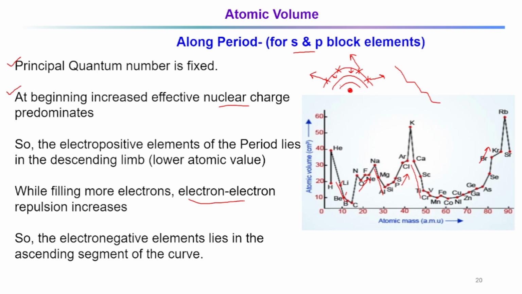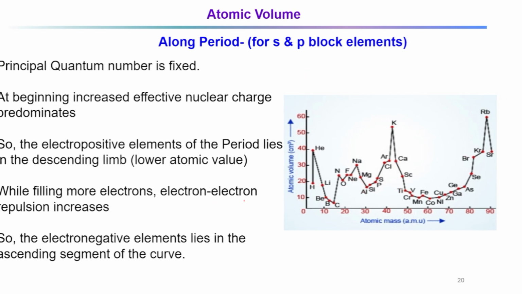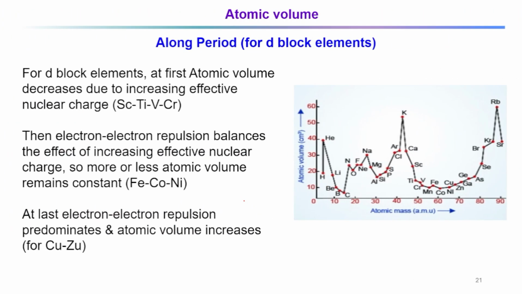So this is true for S and P block elements. Now next see what happens in the case of D block elements. We are now observing a long period for D block elements. For D block elements, at first atomic volume decreases due to increasing effective nuclear charge.